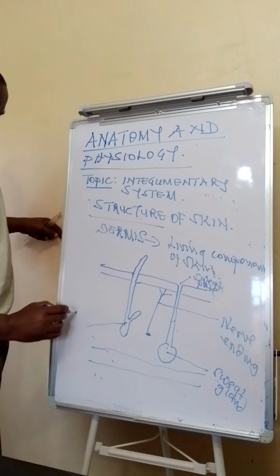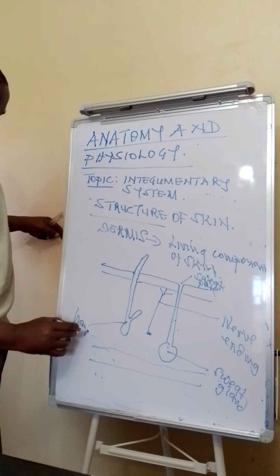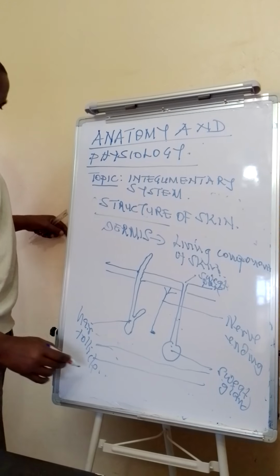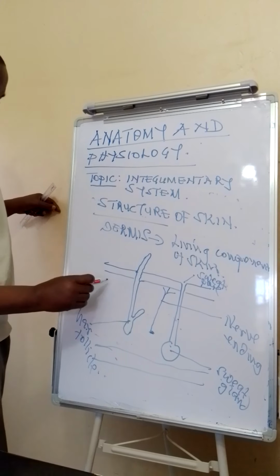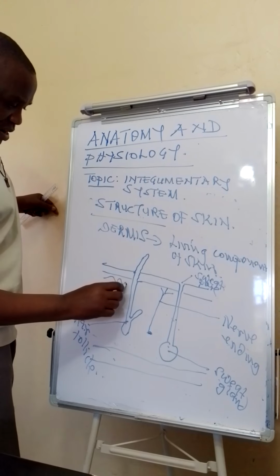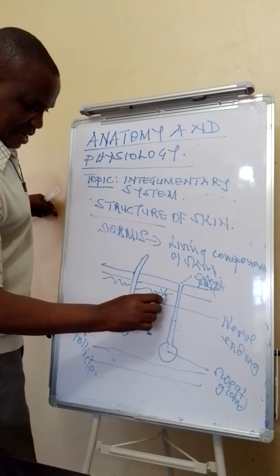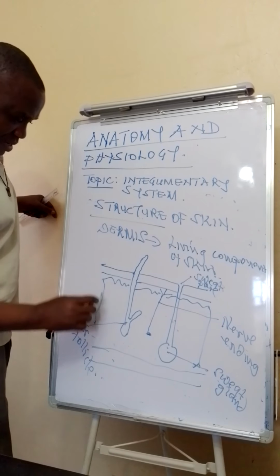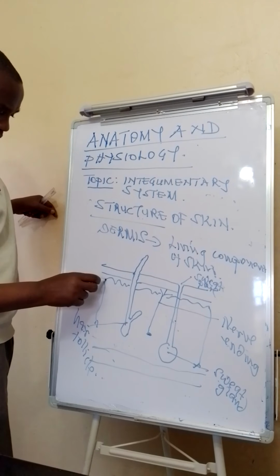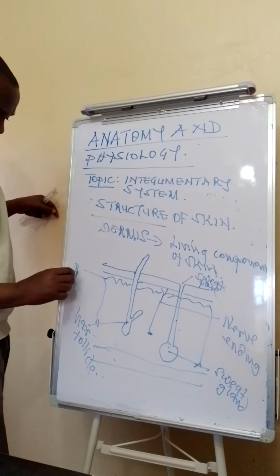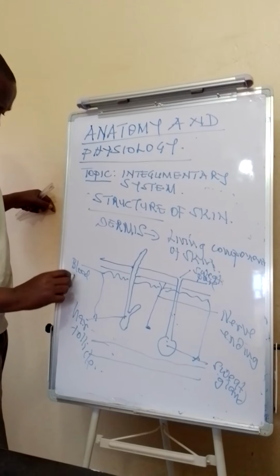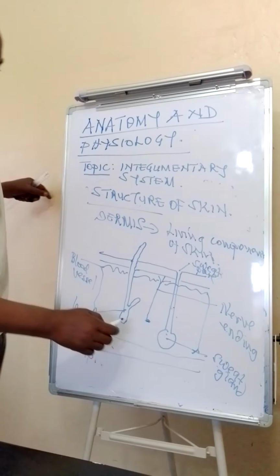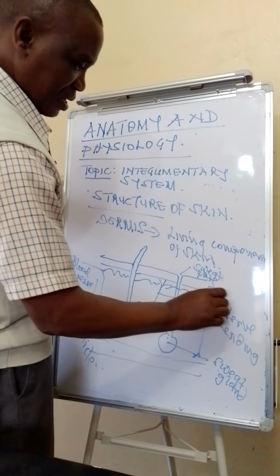This is the hair follicle. And here you can also have blood vessels, like that. So this is a blood vessel. So this is the epidermis.